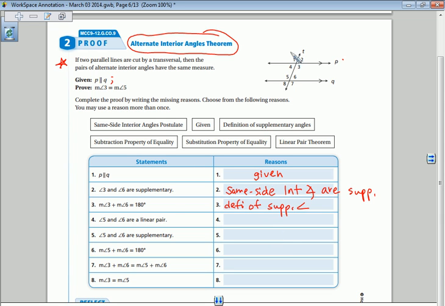Okay, 5 and 6 are a linear pair. Now, this is given in our picture, isn't it? And it doesn't even matter if this picture is not drawn to scale. They still form a line. So even if it's not drawn to scale, doesn't that have to be true? Yes. And it was given in the picture.